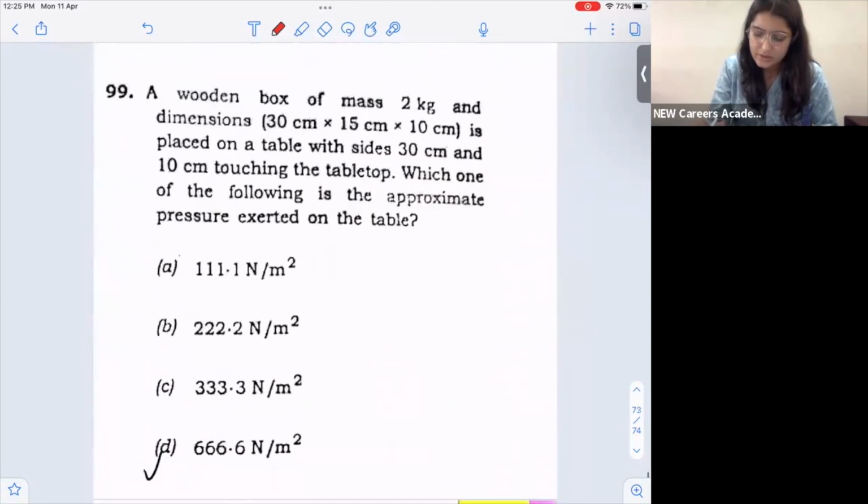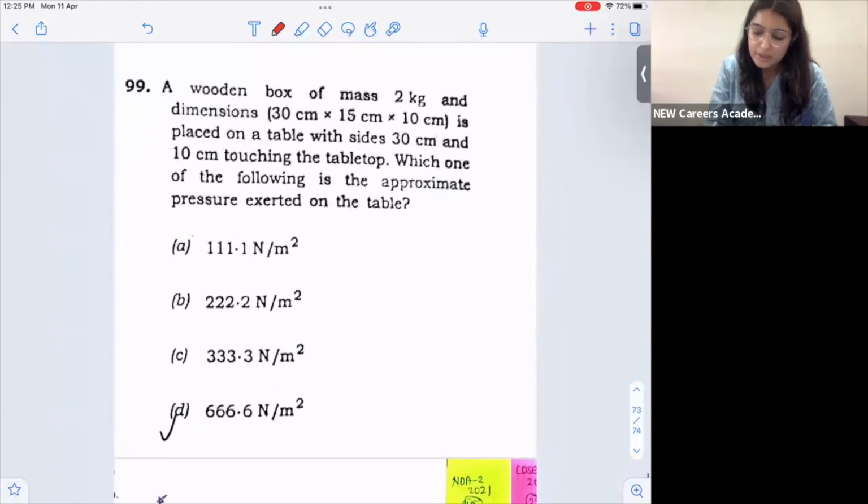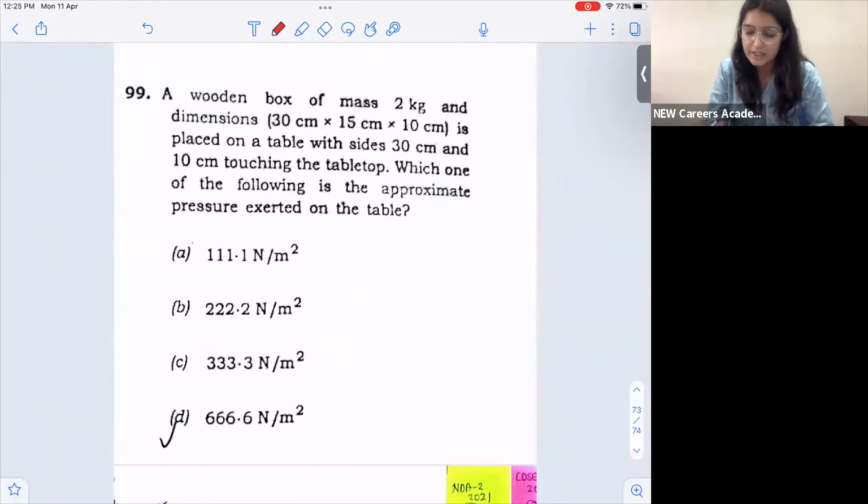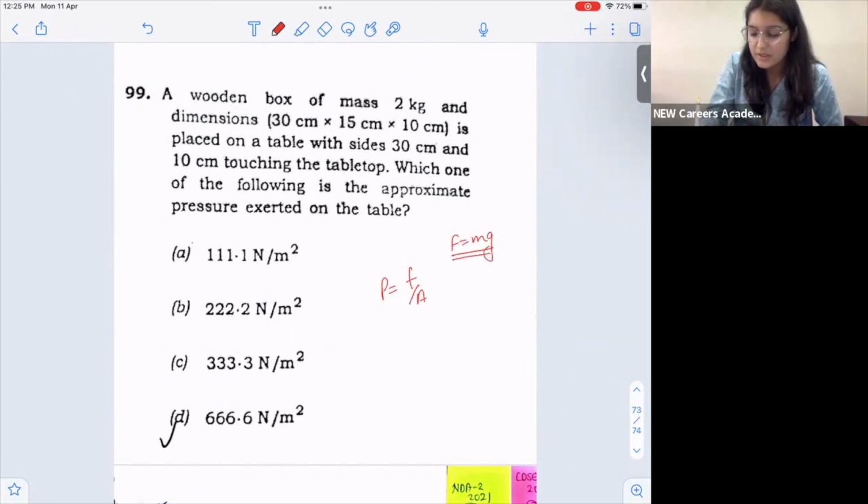Next question. A wooden box of 2 kg and dimensions 30, 15 and 10 is placed on a table with the side of 30 centimeter and 10 centimeter touching the tabletop. Which one of the following is the approximate pressure exerted on the table? Pressure is force upon area. Here force is mg, exerted by the wooden box on the table.